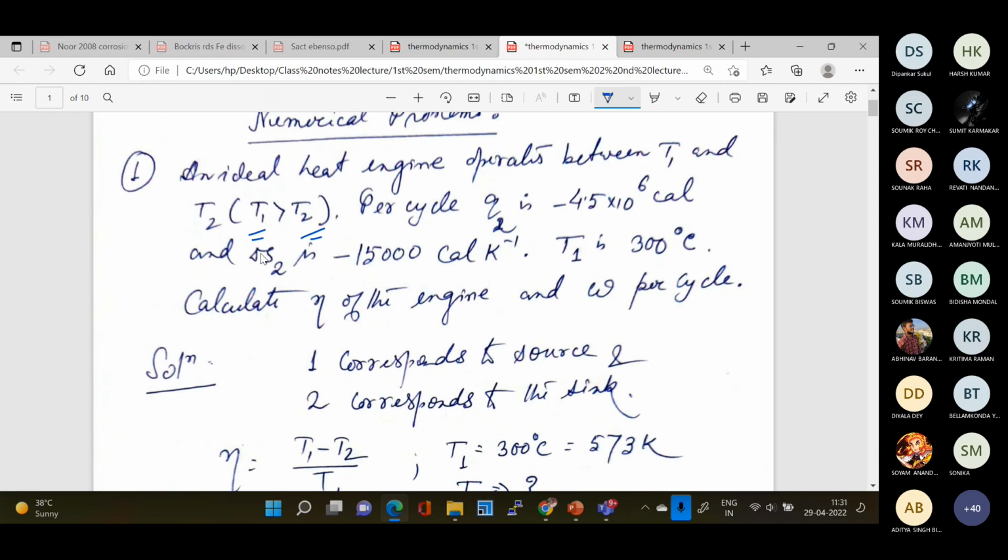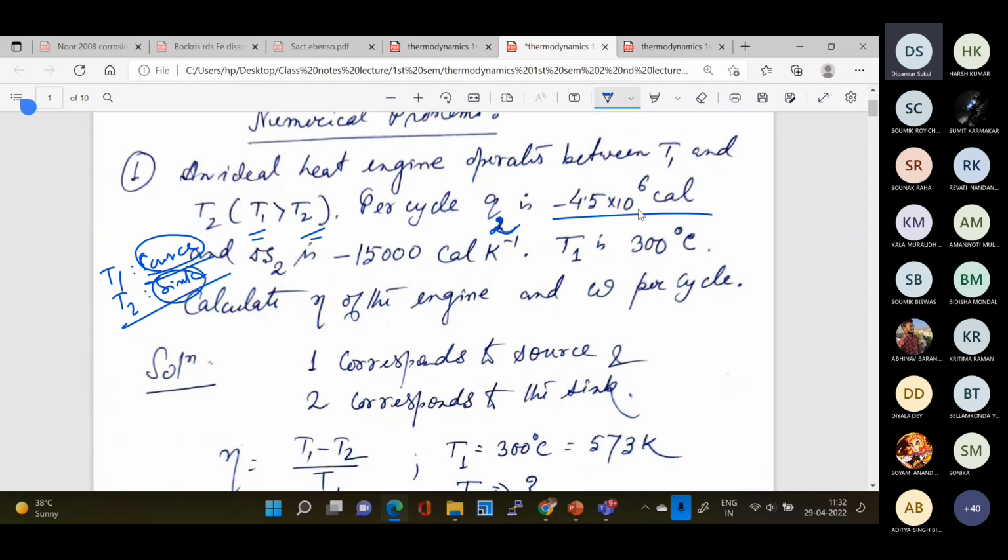That means in this particular case, T1 is the source, T2 is the sink. T1 is greater than T2. And per cycle Q2 is minus 4.5 into 10 to the power 6 calorie. In one cycle Q2, that means 2 indicates the sink and 1 indicates the source.